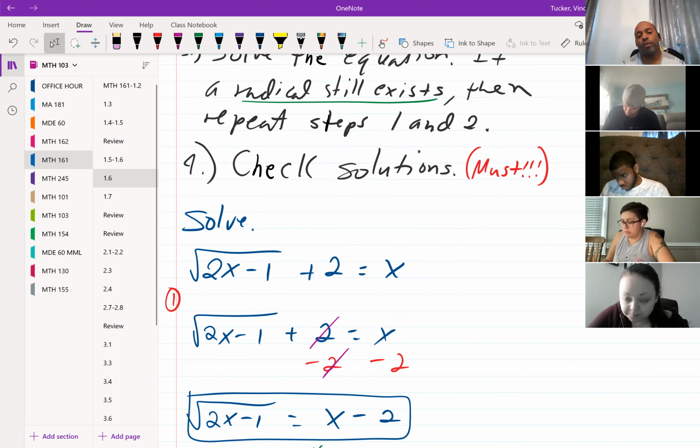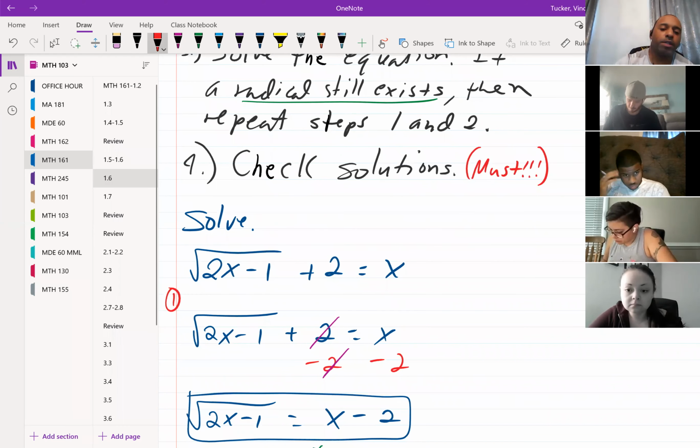That gives us the square root of 2x minus 1 equal to x minus 2. Next step, we need to get the square root off of this 2x minus 1 so we can have access to x.